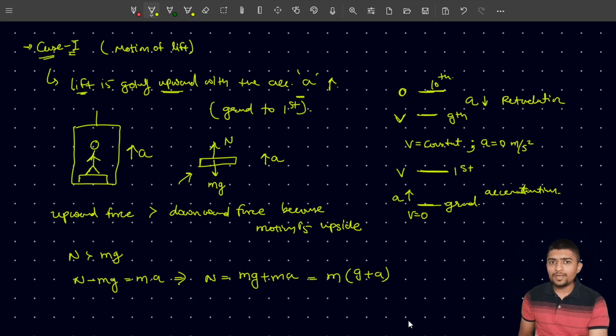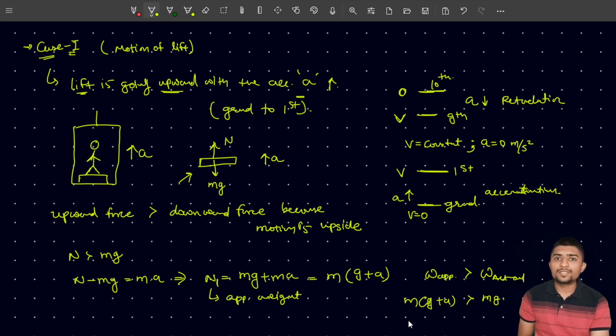So the normal in this condition, let's say N1, is equal to m(g plus a), which is greater than mg, and it is called apparent weight. So here W apparent is greater than W actual, which is m(g plus a), and actual weight was mg.